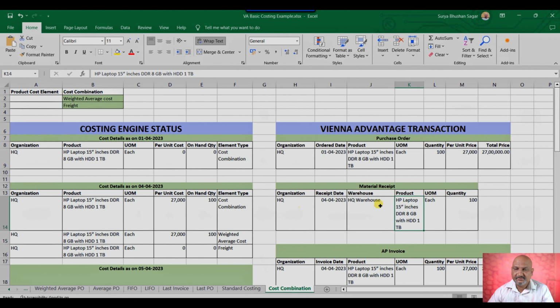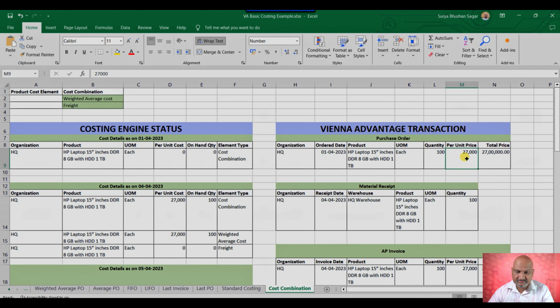Once we complete the material receipt document, as a result of that, the system updates the costing engine, and in this case you would be able to see your weighted average cost calculated first. It is going to be 27,000, since my unit price is 27,000 in the base currency and the base unit of measurement.